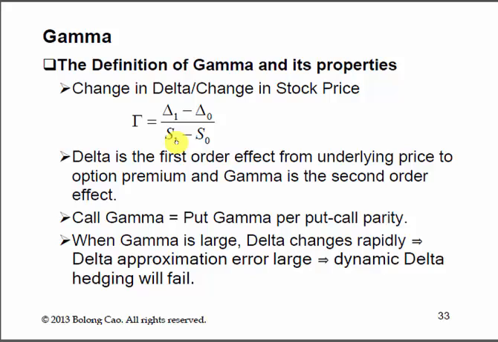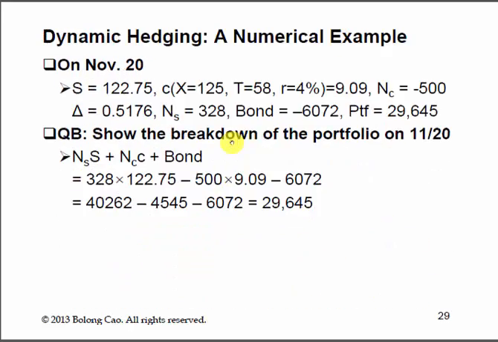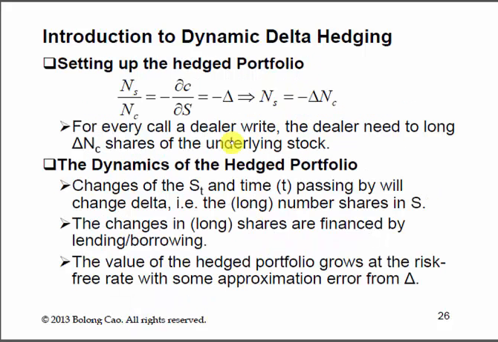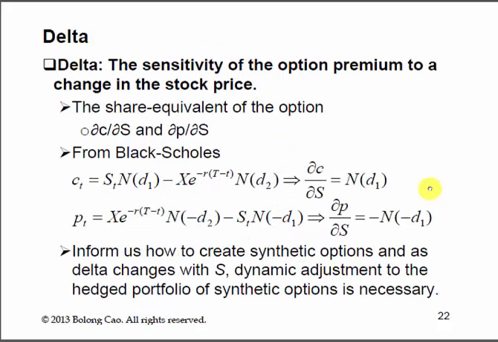Call gamma equals put gamma because we have the put call parity. It's basically delta taking a derivative with respect to the underlying, and going back, both put and call depend on N(d1), and there are two negative signs on the put delta, right? One inside N(d1), the other outside N(d1).